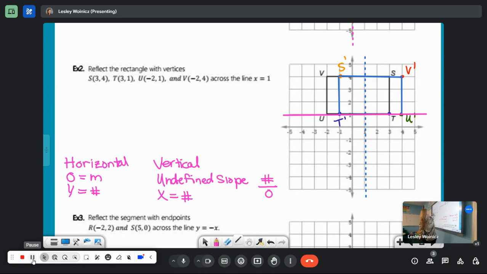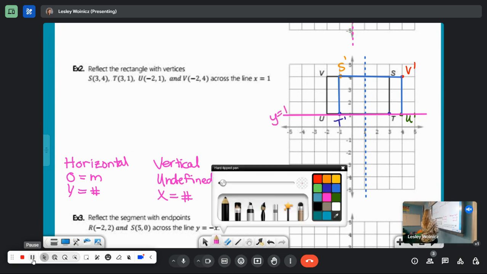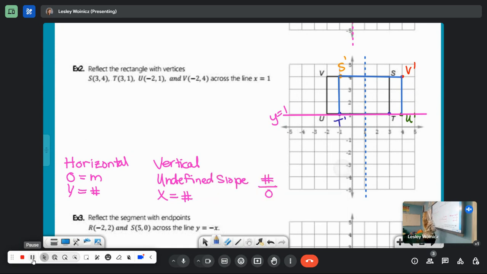So actually, the points U and T, because they're on the line of reflection, they would just stay where they are. Okay, so this is what it would be if it was y equals 1. And this, of course, was x equals 1, which was our directions.